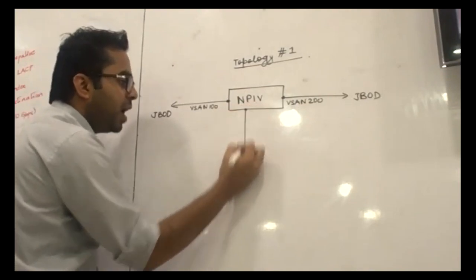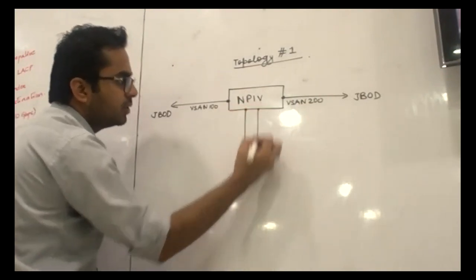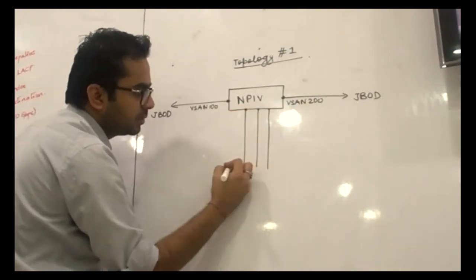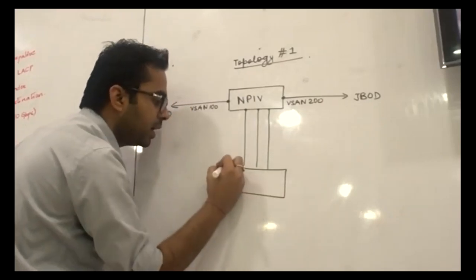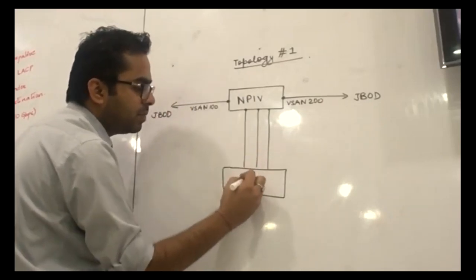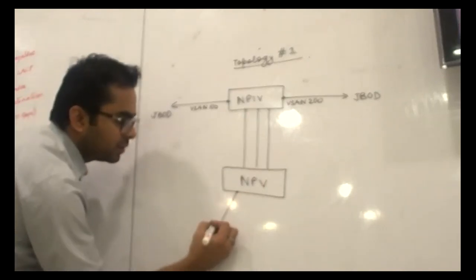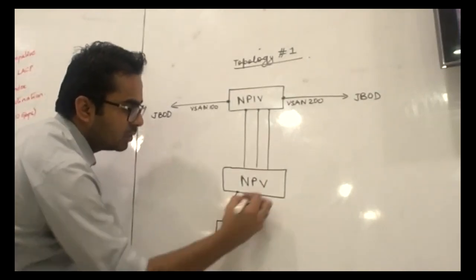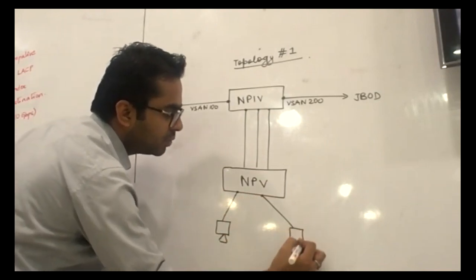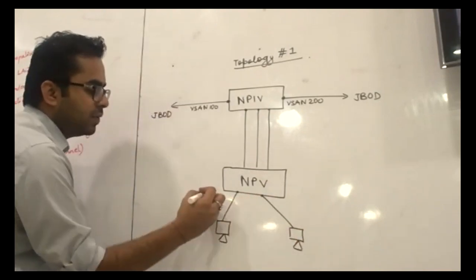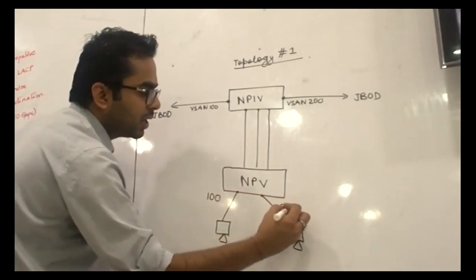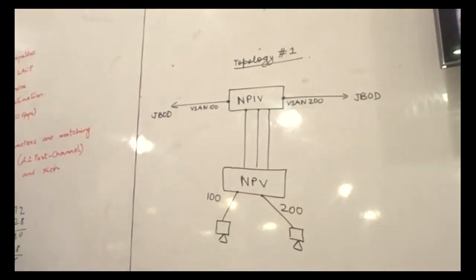Let it be that I have 3 links, and this is going to be my NPV switch. Let it be that I have initiators: 2 sets of initiators, one running in vSAN 100 and one running in vSAN 200. Is it or not?